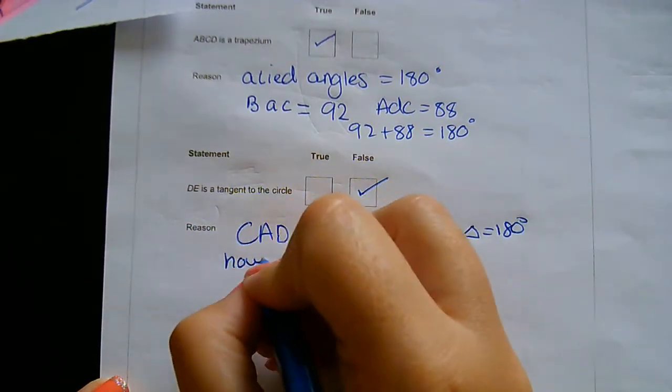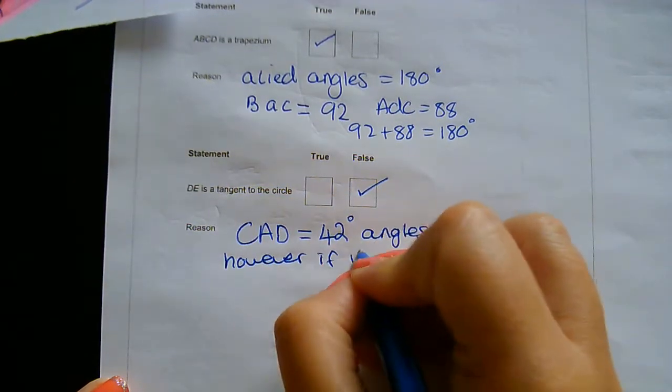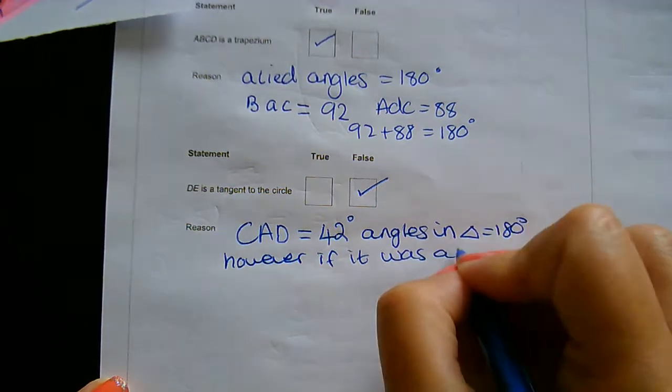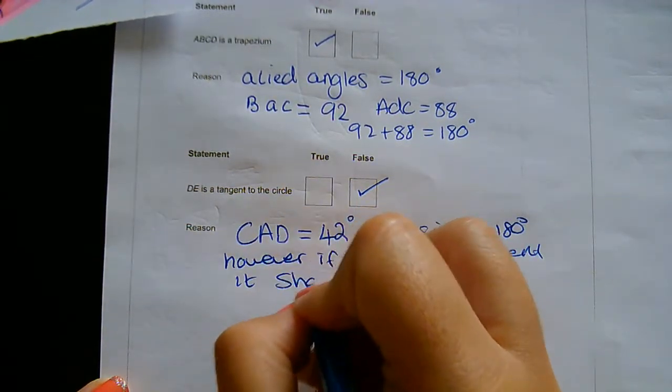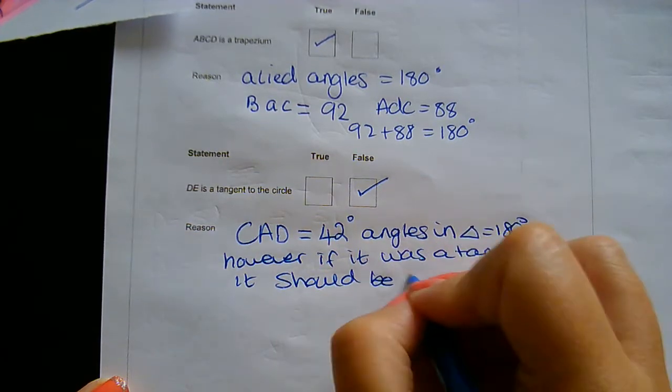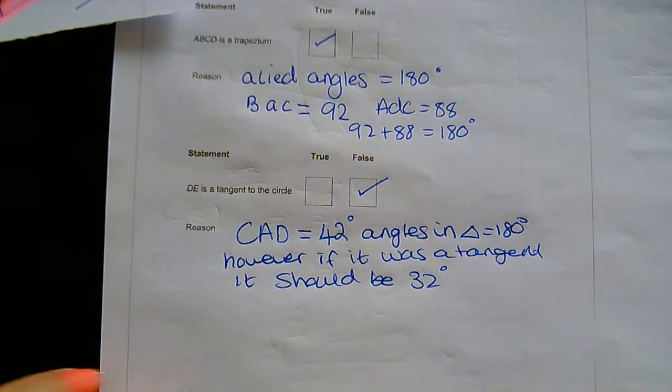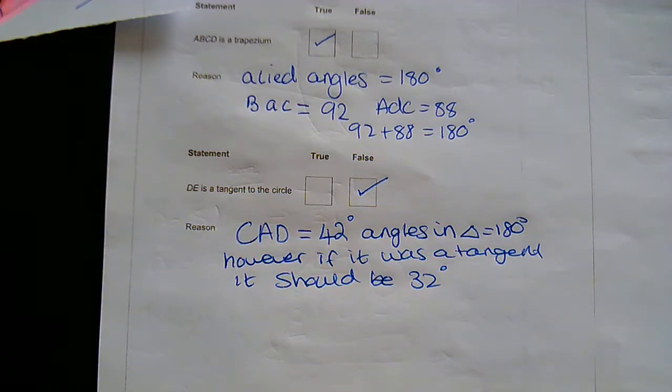However, if it was a tangent, it should be 32. So just try and write as much as you can about what it is, what it should be, and what it is if it's not. Okay? And that's it, I think, for that question.